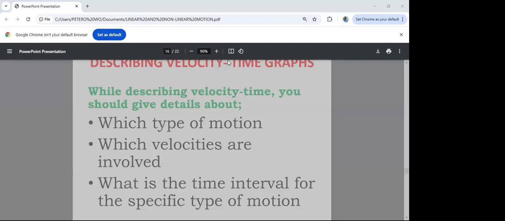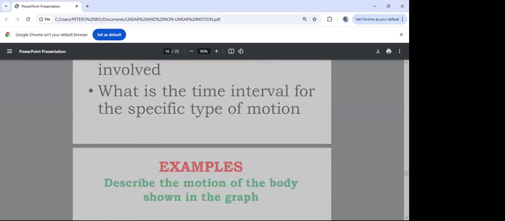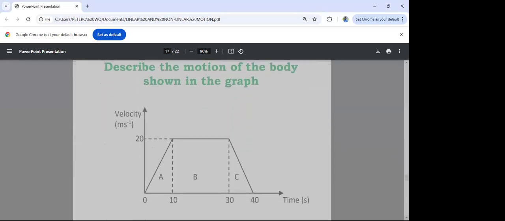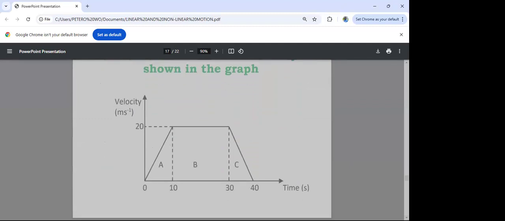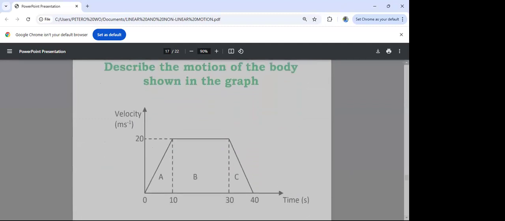So we are going to have examples for us to describe. You look at the graph, you note the types of motion, the velocities that are involved, and then the specific time intervals. So our first example is this.